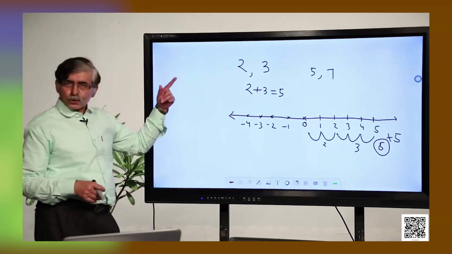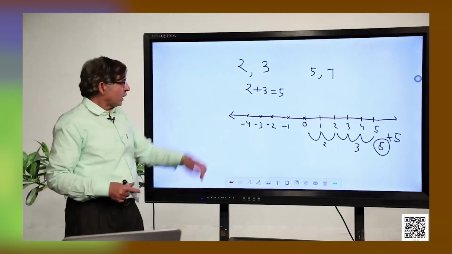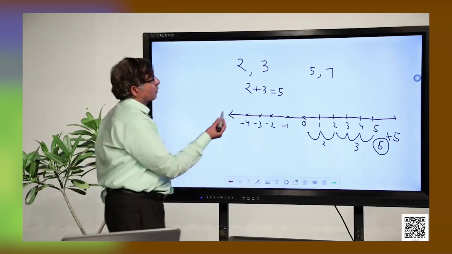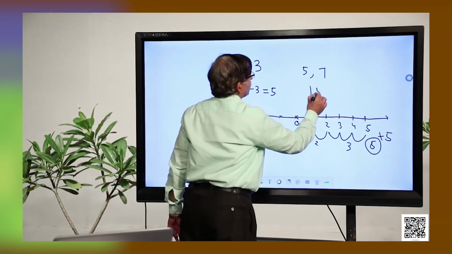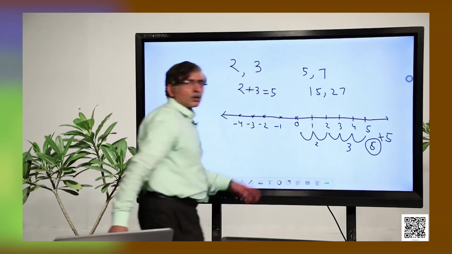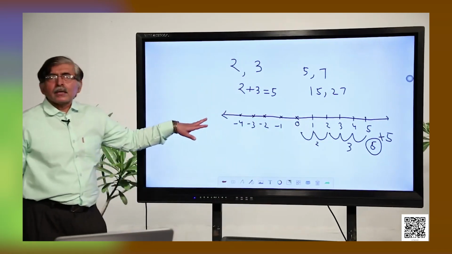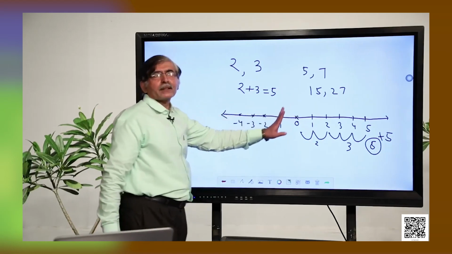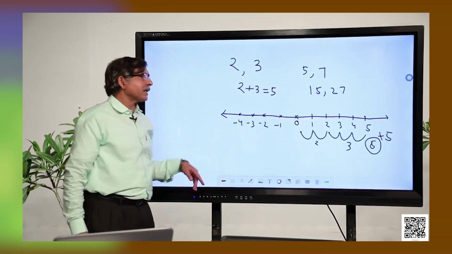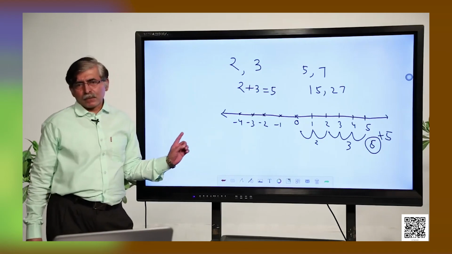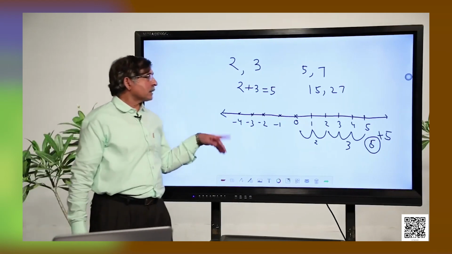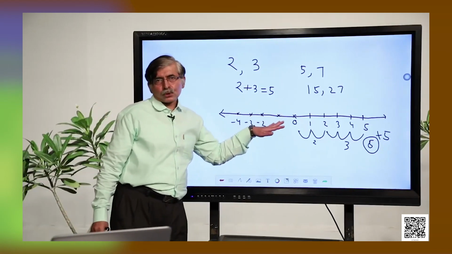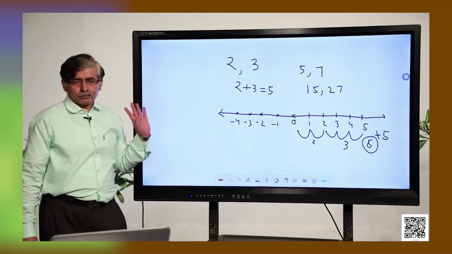So, this statement is true in the second case also, and you can take slightly bigger numbers like 15 and 27, these are also positive integers. First you can add, and you will find that this is a positive integer. Second, you can try this on the number line. Again you will get a positive integer. So, this statement is true.